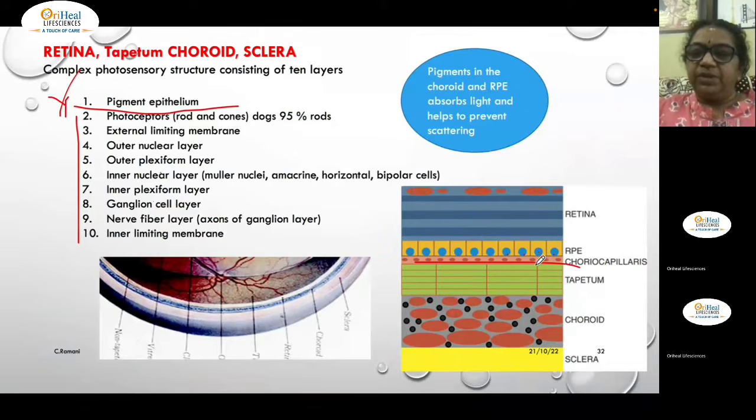The main purpose of those pigments is to absorb light, so that you will get a focused picture on the retina. Then this is the choroid with the vessels and again the pigments, and here you have the tapetum. So the detachment happens between the retinal pigment epithelium and the neurosensory retina.